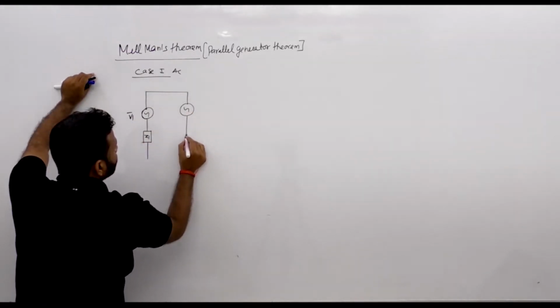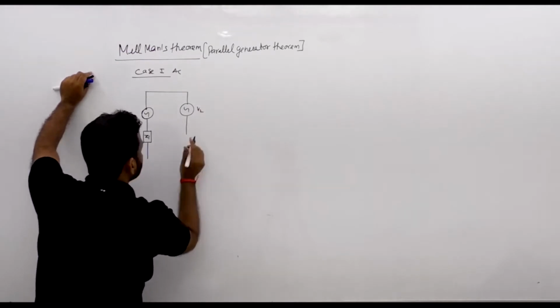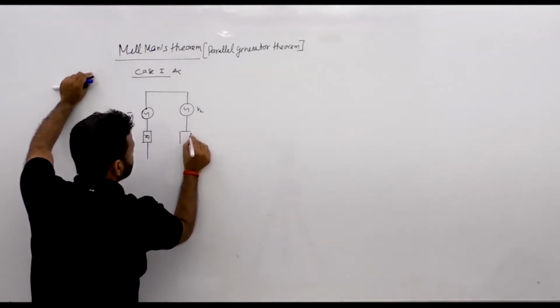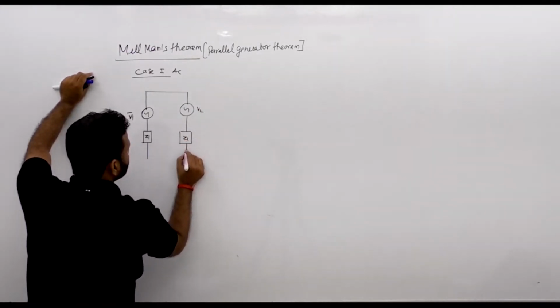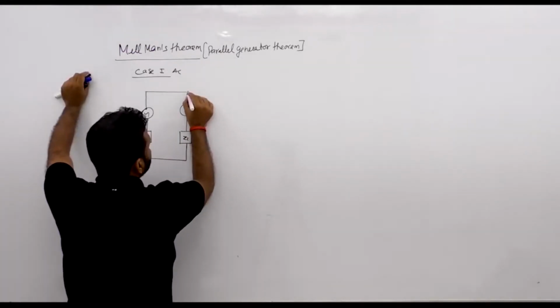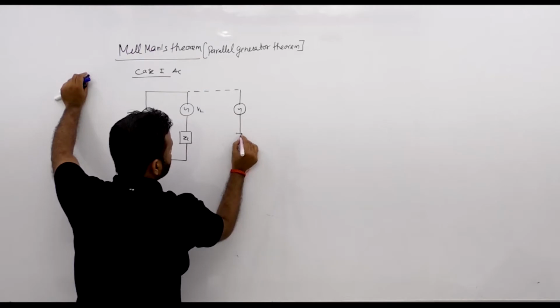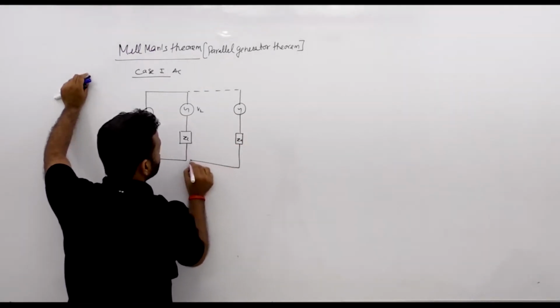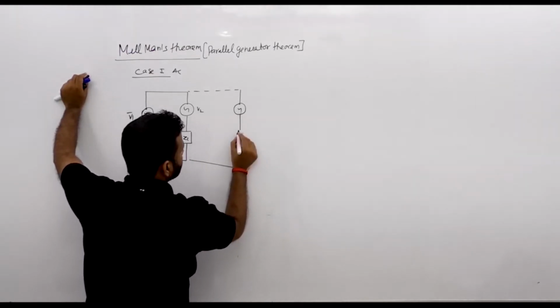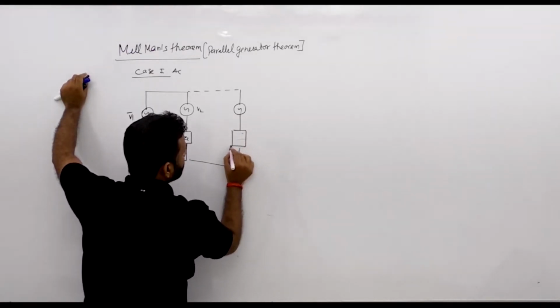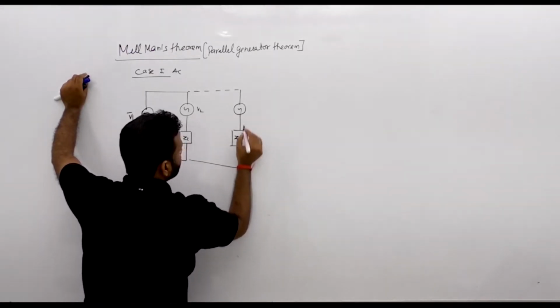Similarly, I am having V2 and it is Z2. And then we have Vn and Zn. It is Zn and it is Vn.